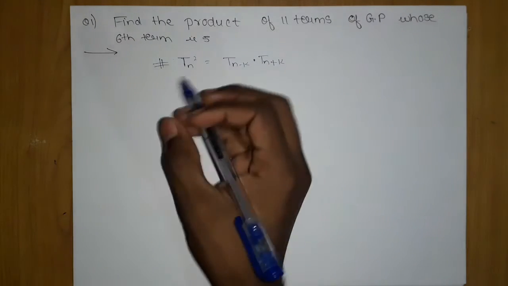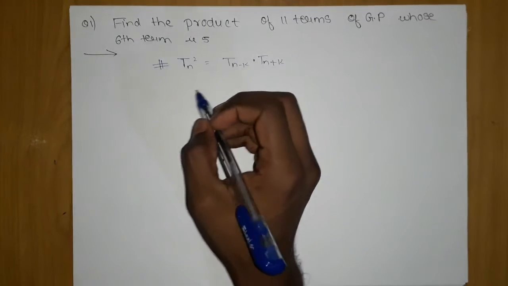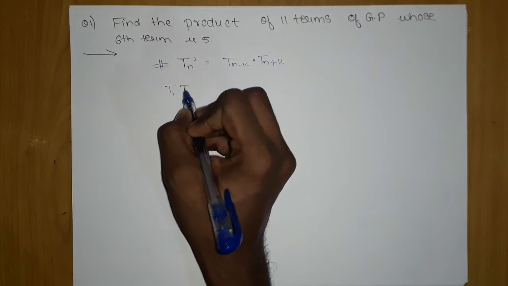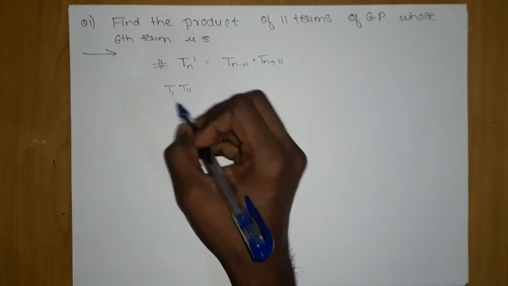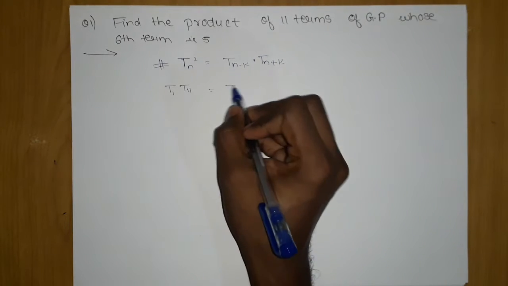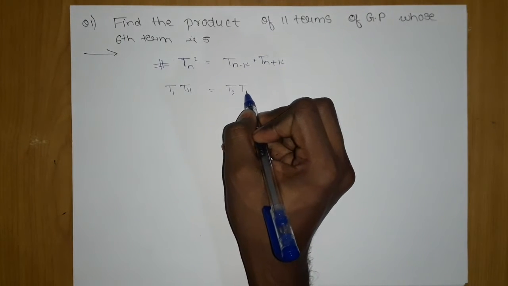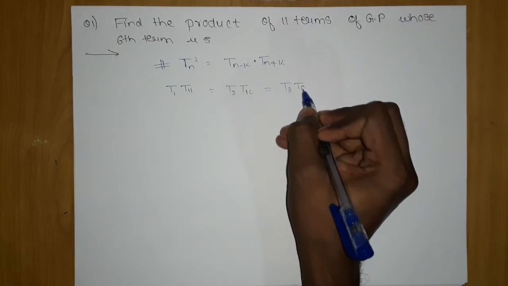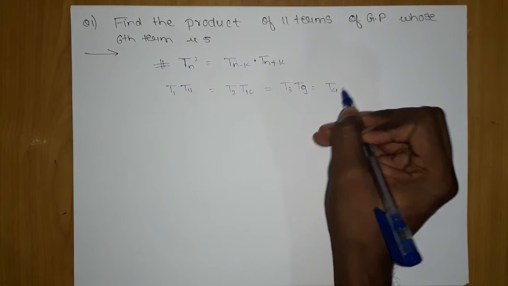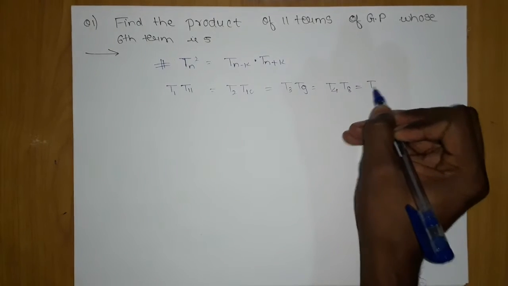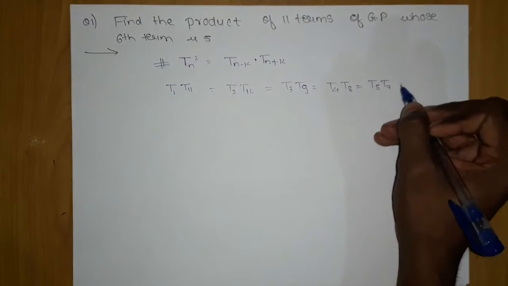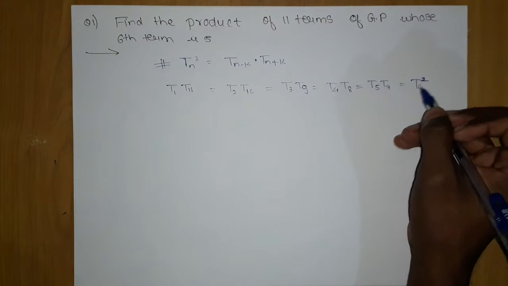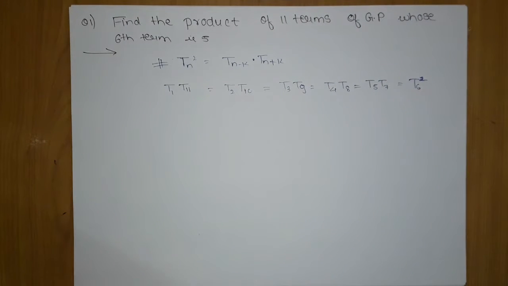So there are 11 terms. t1 and t11 will form n plus 1, and will be equal to what? t2 into t10, they will again form n plus 1, t3, t9, similarly t4, t8, t5, t7, and lastly t6 square, which equals t6 square.